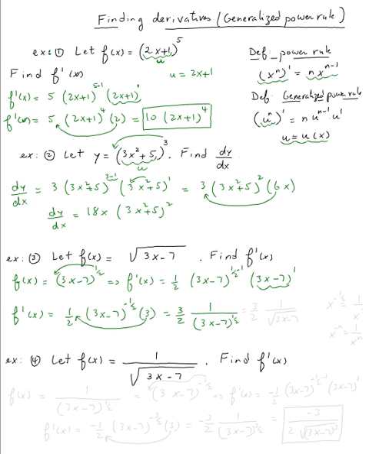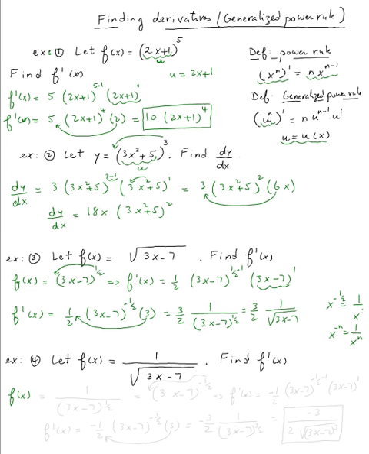Remember, anything to the negative 1/2 is the same thing as 1 over x to the 1/2. In other words, x to the negative n is the same thing as 1 over x to the n. When you move something to the denominator, the exponent changes sign. Now we have only one more step and we're done. So 3/2 times 1 over the 1/2 power means the square root of 3x minus 7. And this example, we're done.